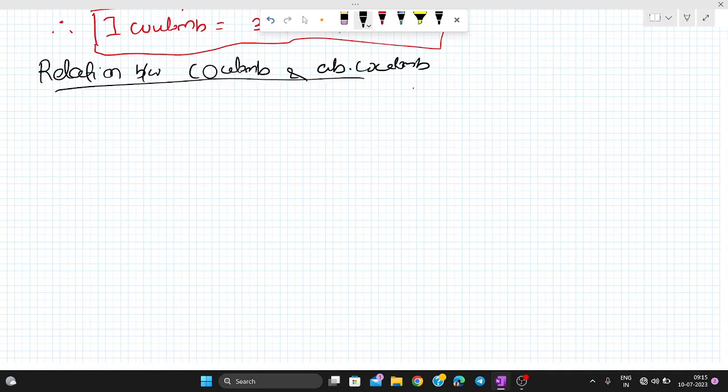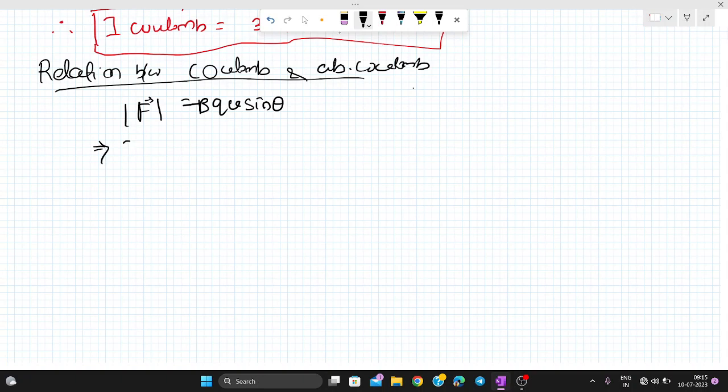So what is our definition of force in EMU system of units? That is F is equal to BQV sin theta, isn't it? Yes.